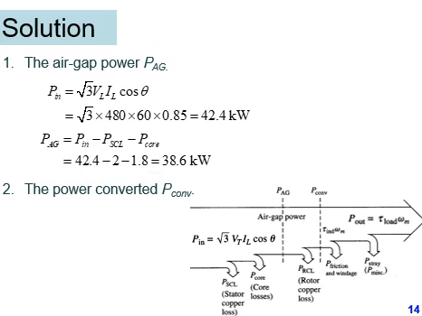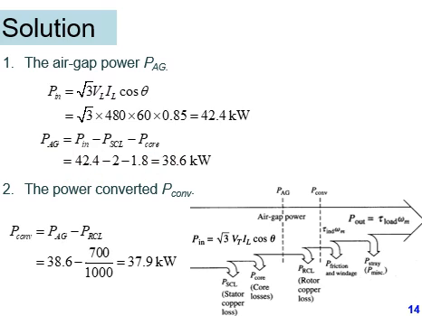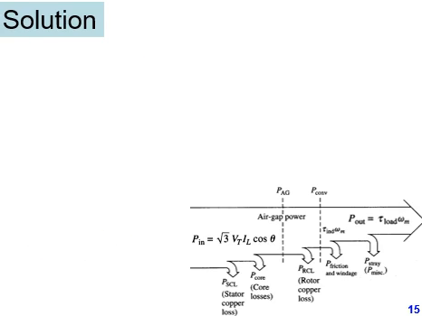After finding the P air gap, if we deduct rotor copper loss from it, we get the P converted. Now we have calculated two parts.